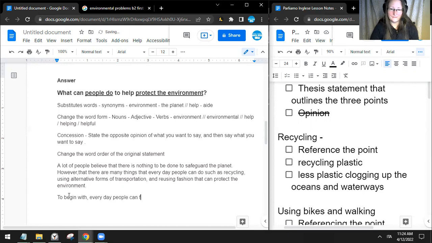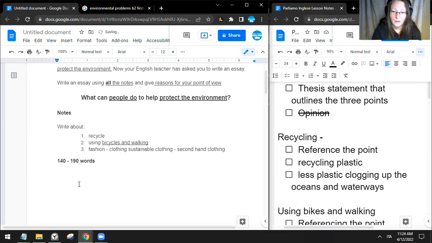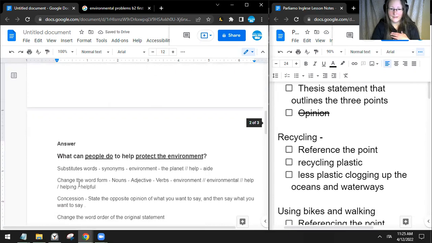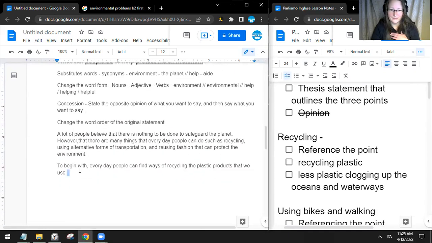every day people can find ways of recycling the plastic products that we use. Do we have to talk specifically about plastic? No, I chose recyclable plastic. So to begin with, everyday people can find ways of recycling instead of contributing to the waste problem.